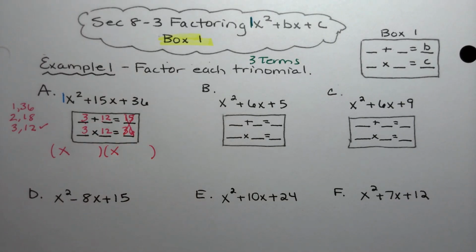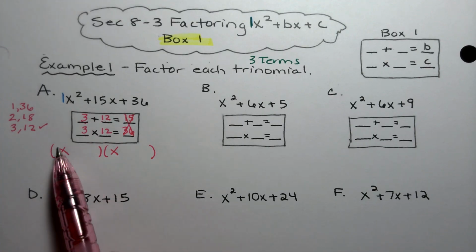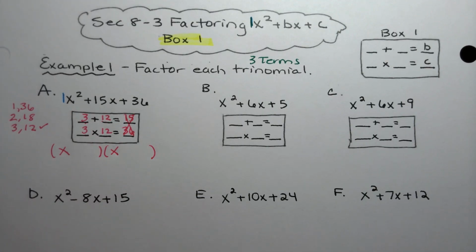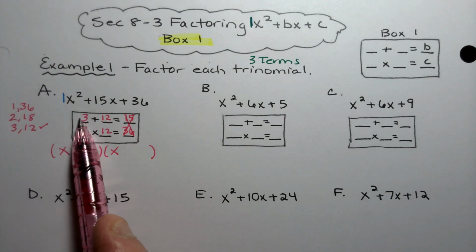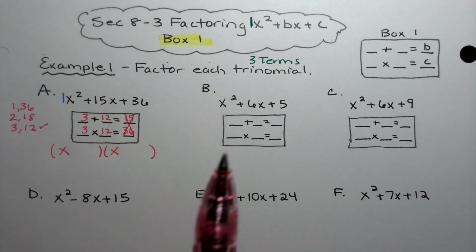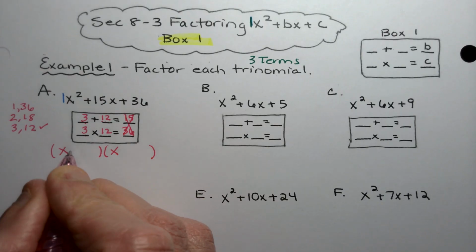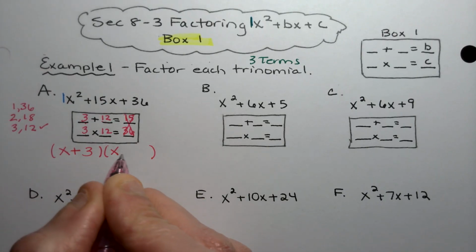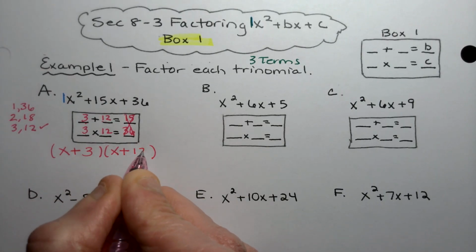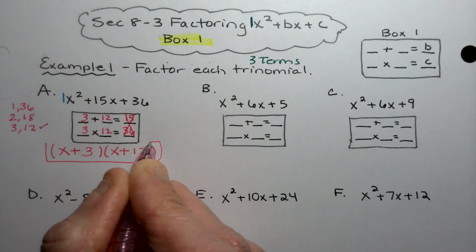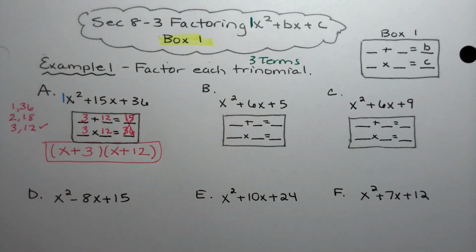If it happens to be a different letter, of course, use whatever letter they give you. But that is how you start each of them. Okay? Then, this is what the second part is, a 3 and a 12. So it's a positive 3 and a positive 12, so that means it's going to be a plus 3 and a plus 12. And you have factored that trinomial.